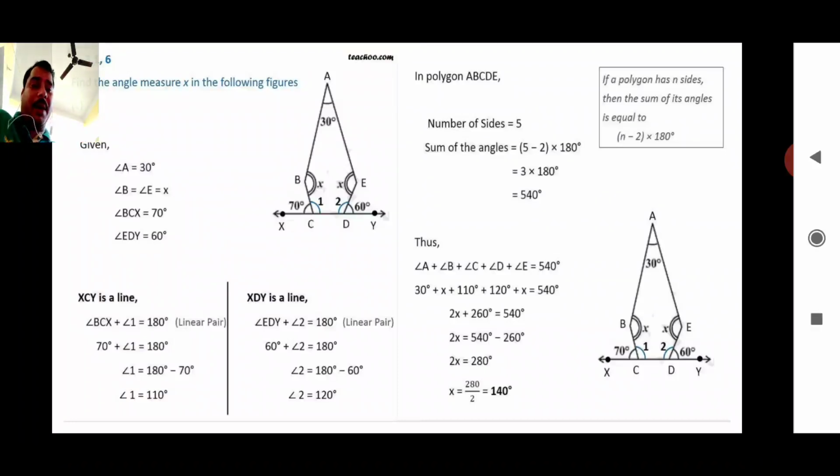Similarly XDY is a line, and EDY plus angle 2 equals 180, 60 plus angle 2 equals 180, so angle 2 equals 120. Then in polygon ABCDE, number of sides equals 5, sum of angles equals n minus 2 into 180. So 5 minus 2 into 180 gives 3 into 180 equals 540, meaning the angle sum of a pentagon equals 540.